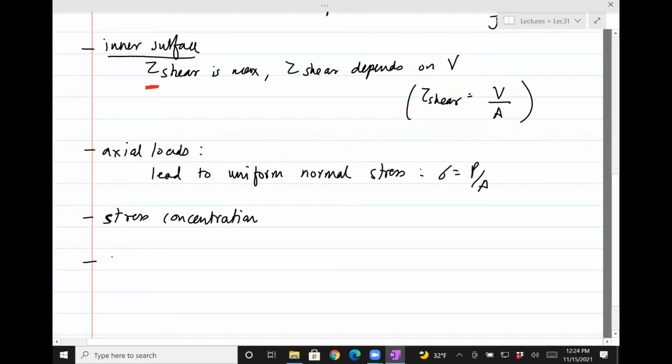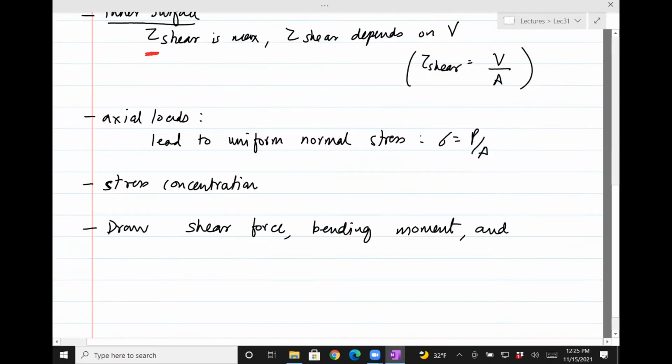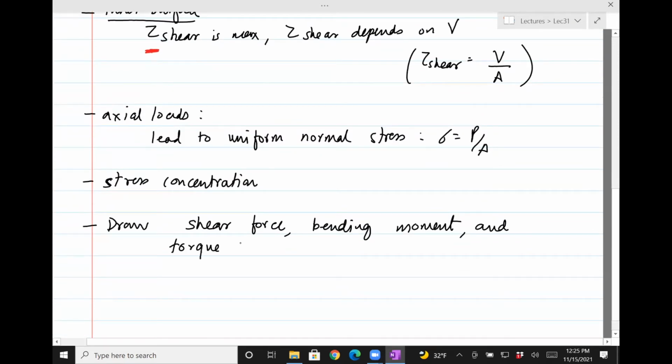So the recommendation here is to draw the shear force diagram, bending moment, and torque diagram.